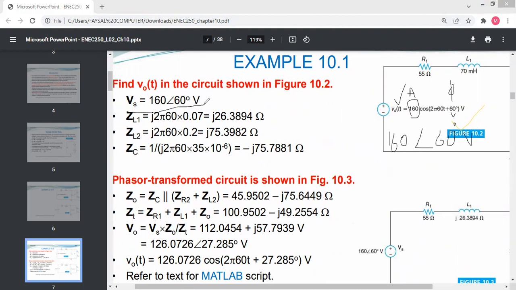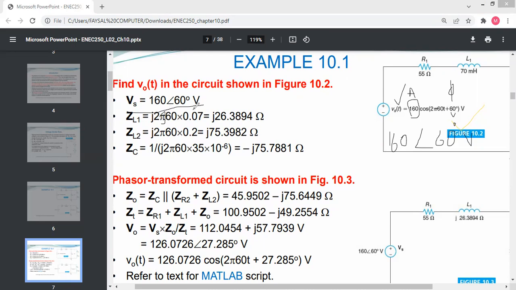Now moving towards the next part, that is ZL1. So ZL1 is j2 pi into 60. Just putting the value of pi as 3.14.